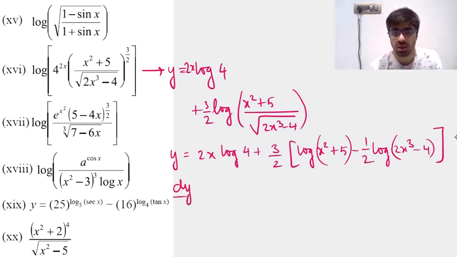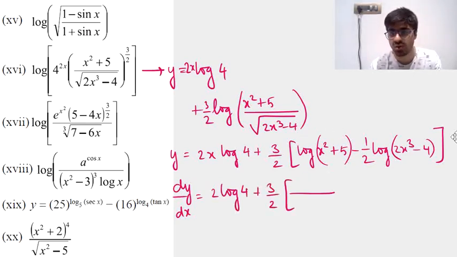And now it's a good time to take dy by dx. So 2 log 4 is a constant. Derivative of x will be 1. So the first term is 2 log 4 plus 3 by 2. Let it remain the way it is. Derivative of this, that will be 1 upon x square plus 5 into derivative of x square plus 5, that will be 2x, minus half.